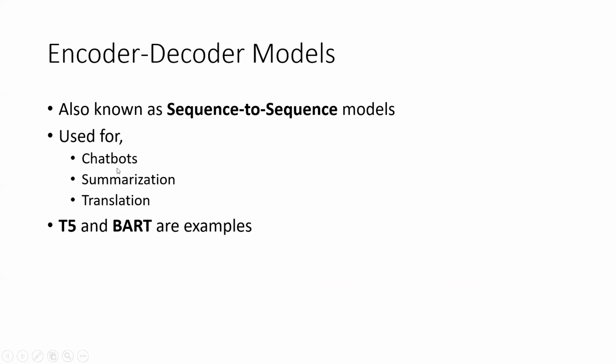So they are used for chatbots, text summarization, and natural language translation with much higher performance because they have an encoder as well. T5 and BART are some of the open source encoder-decoder models that are available.